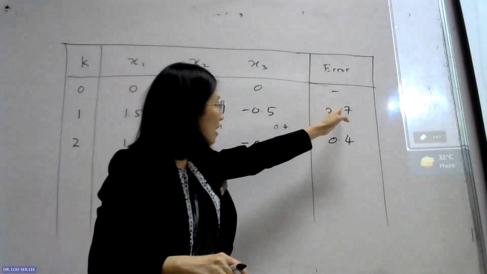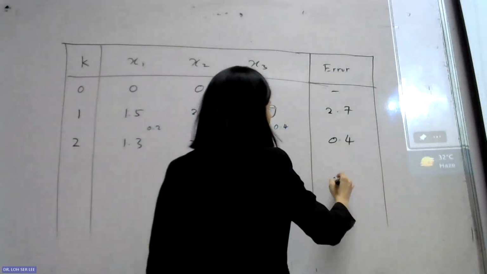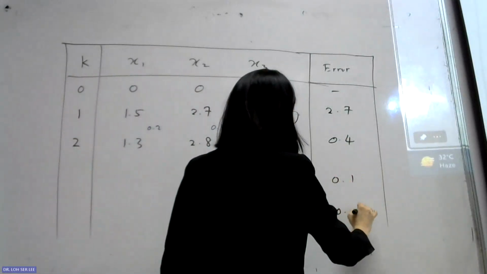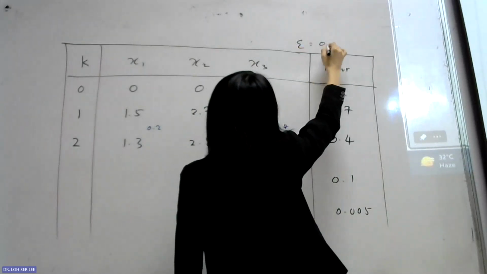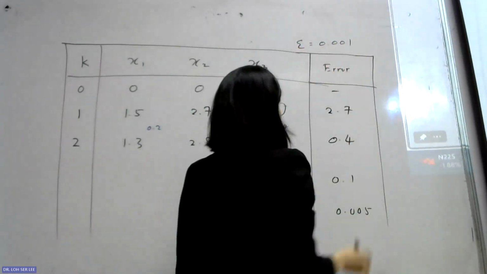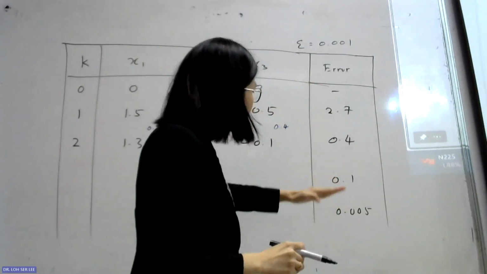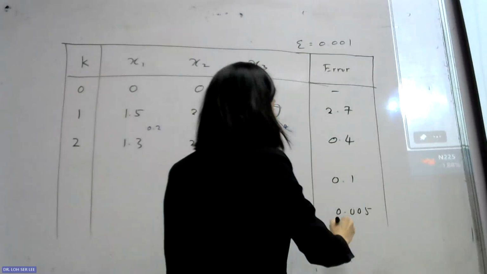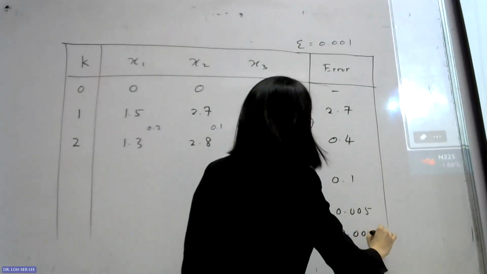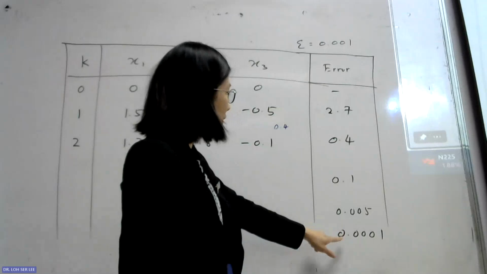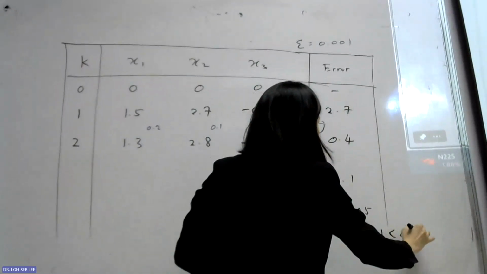And here you will see that this value will keep reducing, until, let's say, your epsilon is 0.001. This is still larger than epsilon, so you still need to keep going until, let's say, 0.0001, which is less than the given epsilon of 0.001.